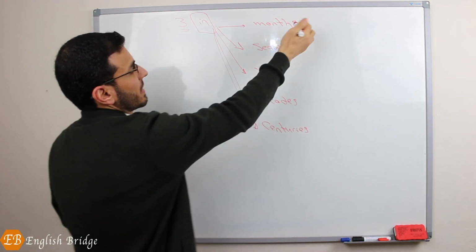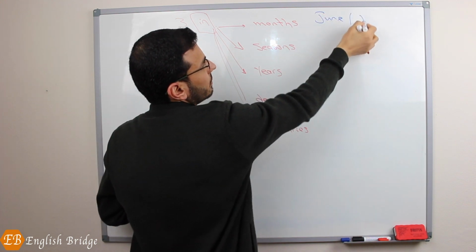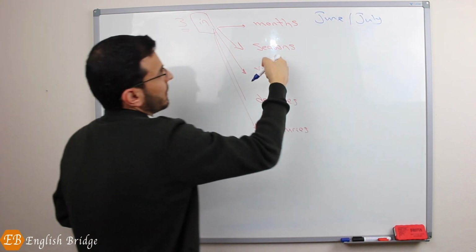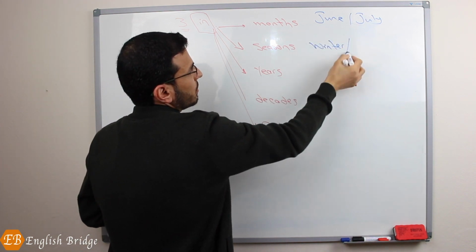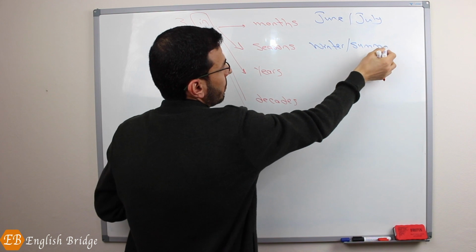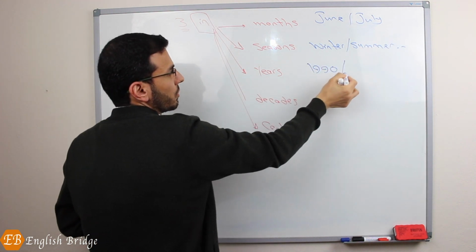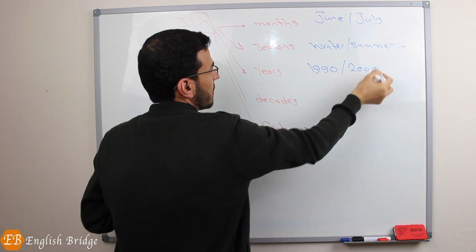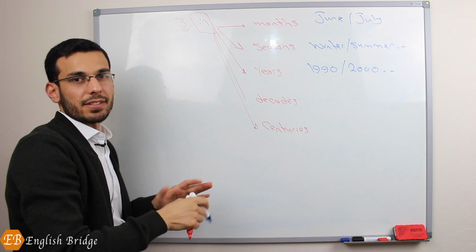Let's go through some examples. Months, we say in June, in July, etc. Seasons, for example, in winter, in summer, etc. Years, like in 1990, in 2000, in 2010, etc. Decades means every 10 years.